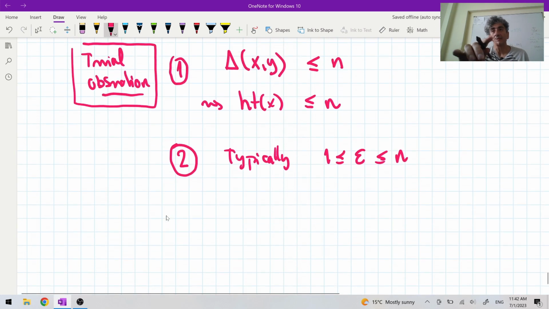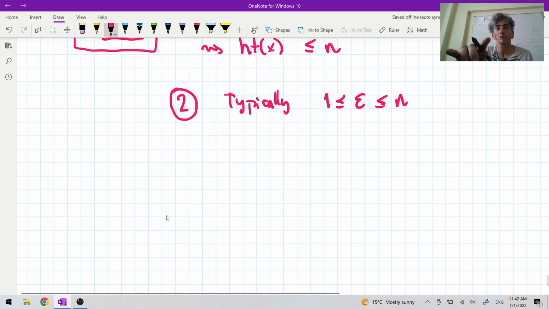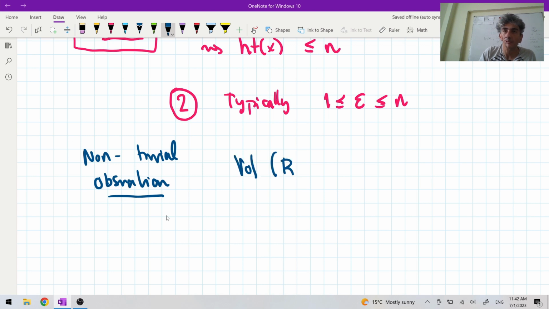And now that we know the volume of the ball centered at 0, we give a non-trivial observation: that the volume of the ball centered at 0 of radius epsilon is actually the volume of any ball.